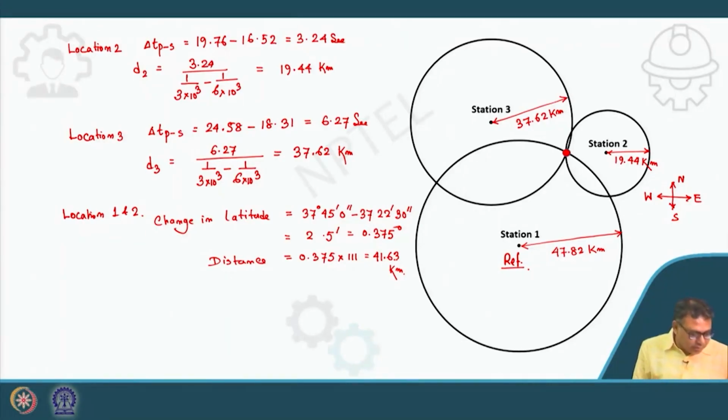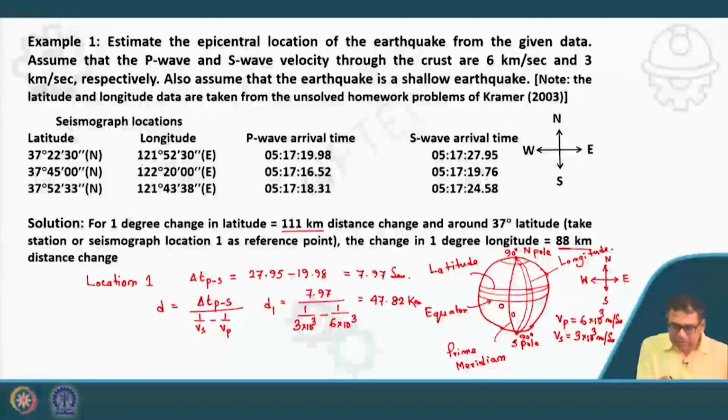Now, if I go for the change in longitude, that is how much change in longitude. You can see this is 121 degree 52 minute 30 second, and 122 degree 20 minute. That means location 1 is 52, location 2 is 20.